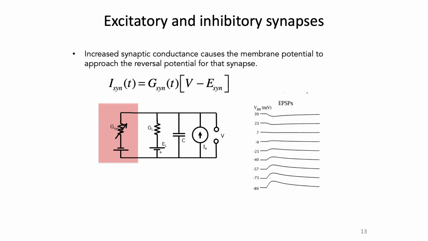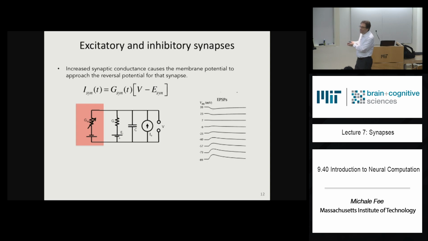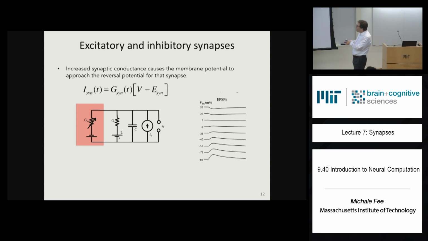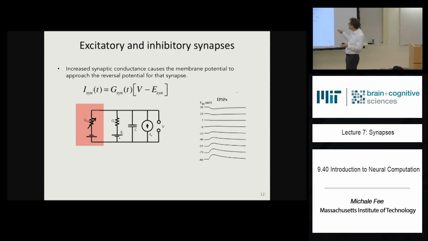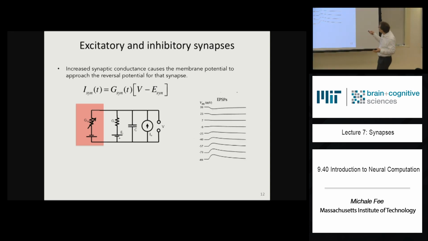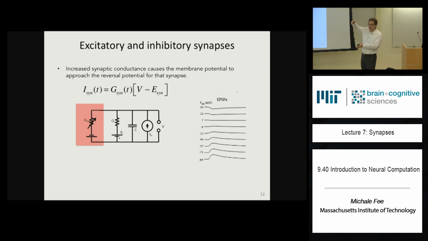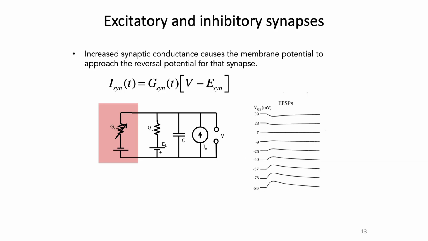If you hold the cell at a higher voltage and you activate the synapse, the voltage also goes up, but a little bit less. If you hold the cell at 0, you activate that synapse, but the cell is already at the potential of the battery, and so there's no current and no change in the voltage. If you hold the cell at a positive voltage and you activate the synapse, again, you're connecting the cell to a battery that has 0 volts, and so the voltage goes down.